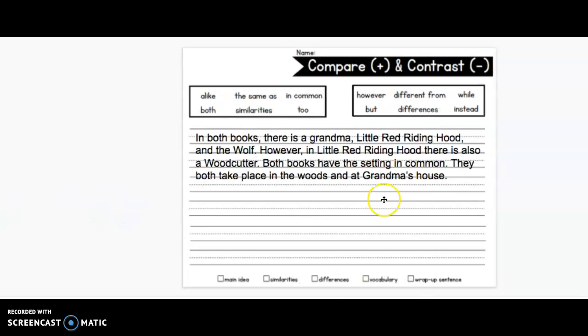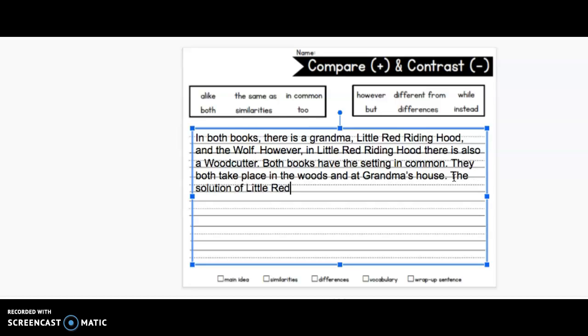So I'm going to go back to my writing. I'm going to look. So the solution of Little Red Riding Hood was different from the solution in Ninja Red. Okay, now I'm going to tell the solutions.